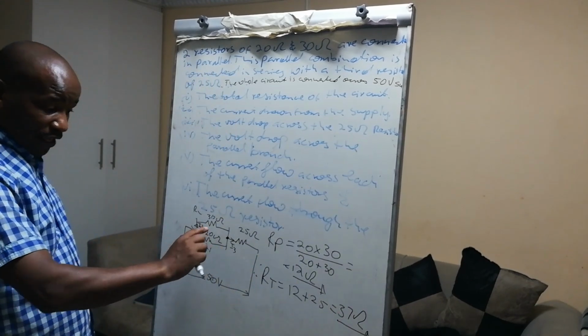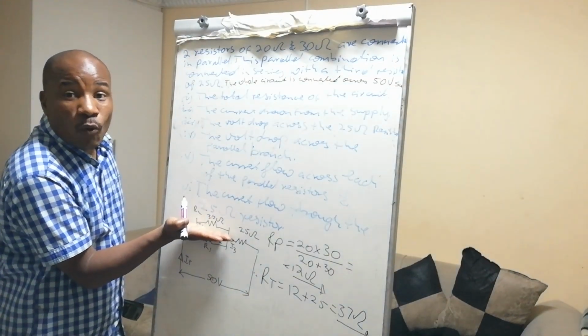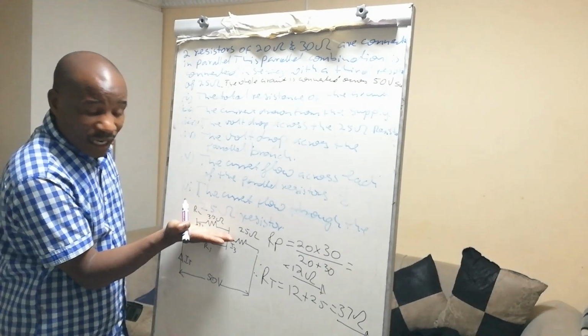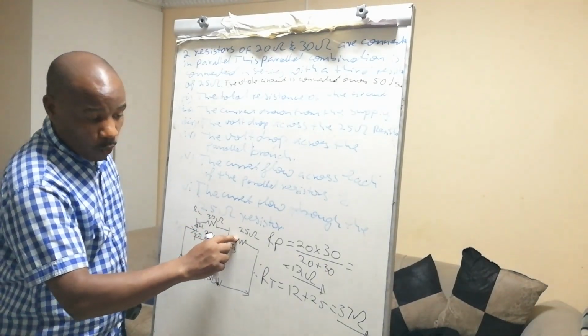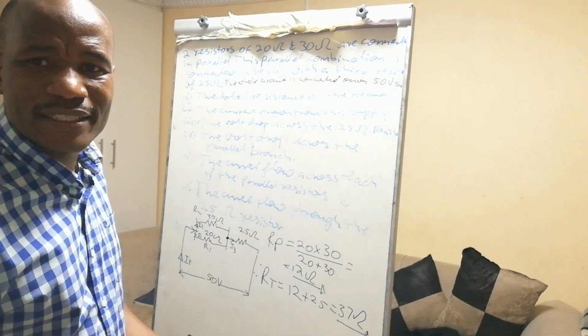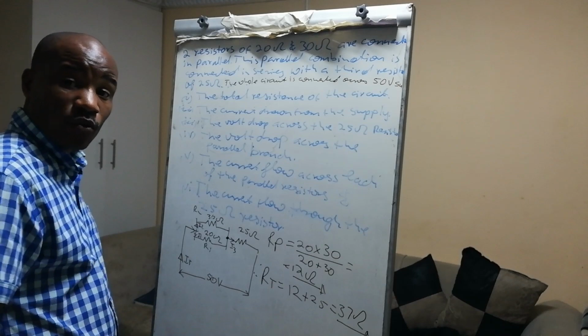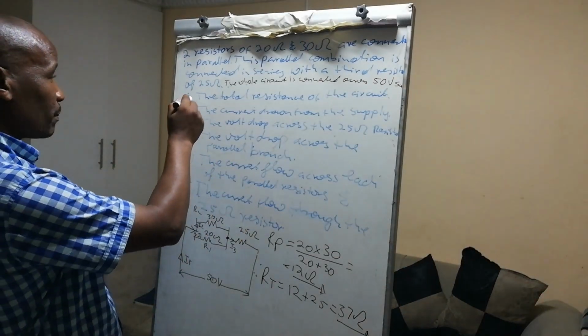Remember, after you connect these in parallel, they form one resistor in series with that one. That's why you add them. That was the only catch. So the total resistance of this circuit is 37 ohm, and you are done with that part.